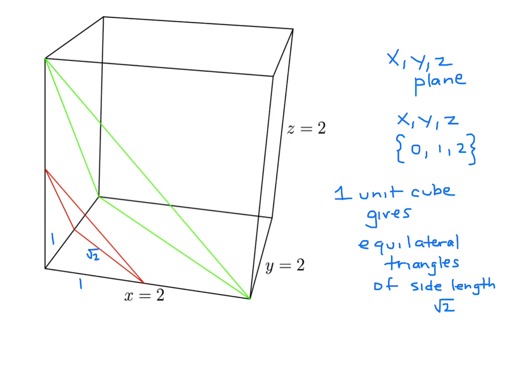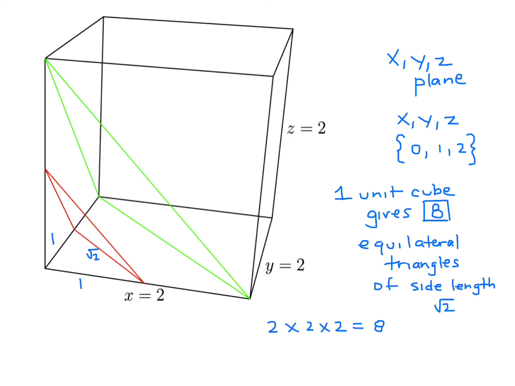If you have a unit cube, how many? Well, each of these vertices of the unit cube will produce 1. And how many vertices do we have in a cube? We have 1, 2, 3, 4, 5, 6, 7, 8, correct? So we get 8. Okay? But how many unit cubes? The whole thing is 2 by 2 by 2.